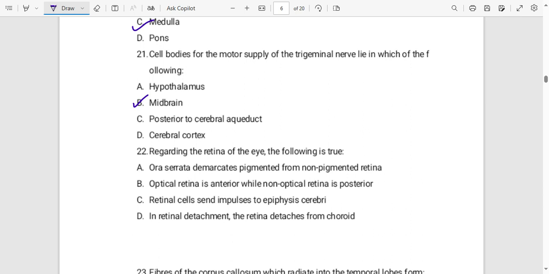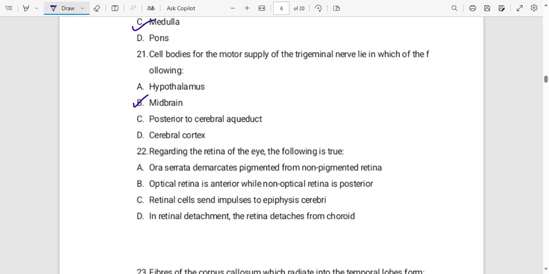Okay. So let's start with option A. Ora serrata demarcates pigmented from non-pigmented area. Does anyone know anything to do with ora serrata? Anyone?